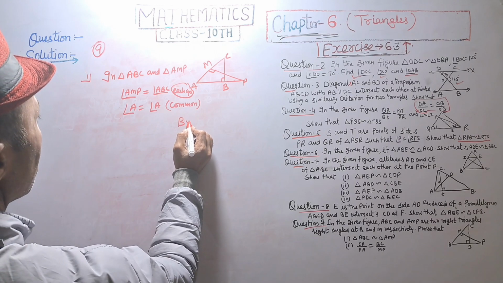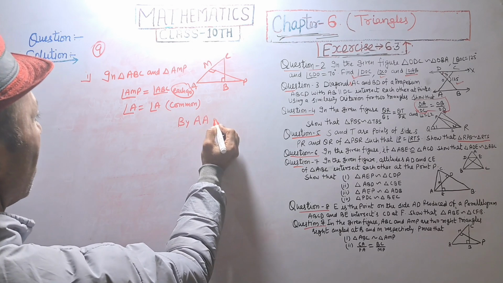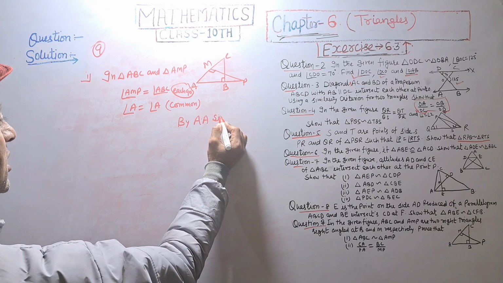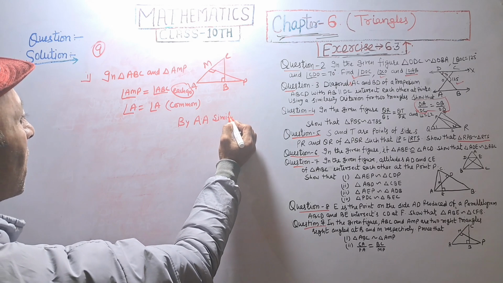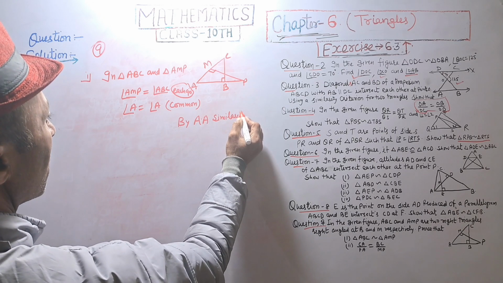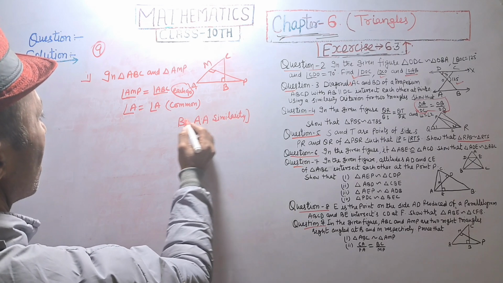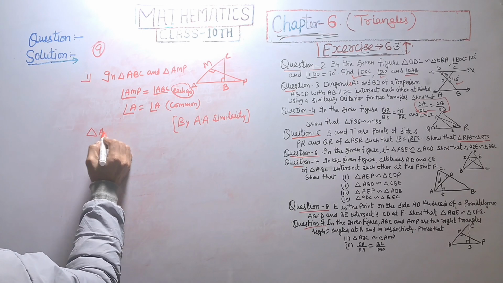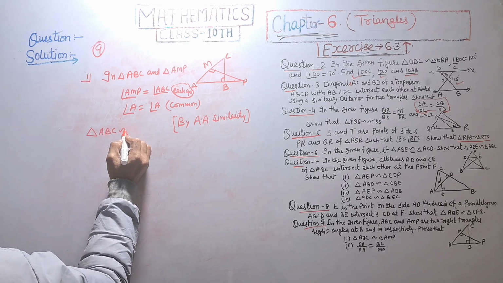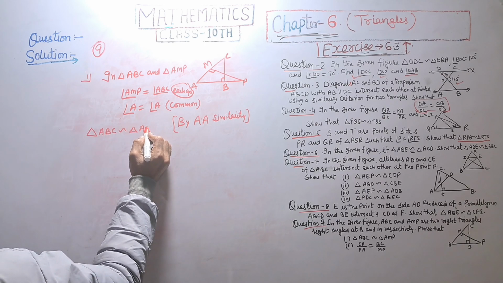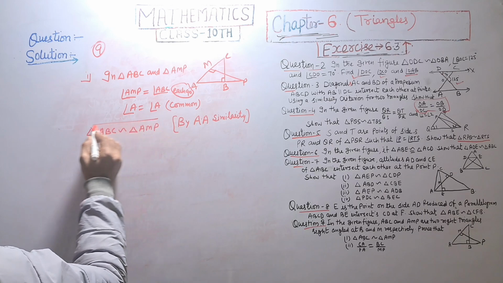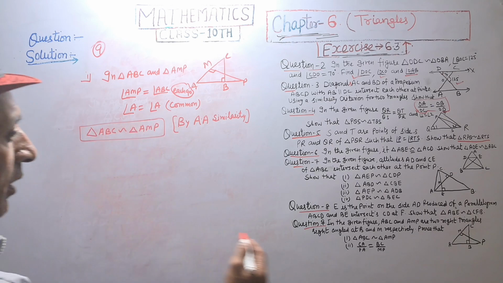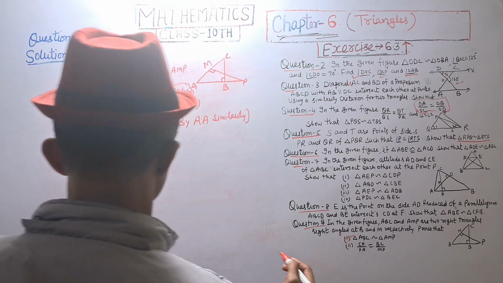By angle similarity, we get triangle ABC is similar to triangle AMP. First part holds.